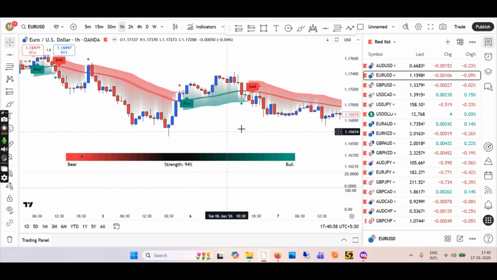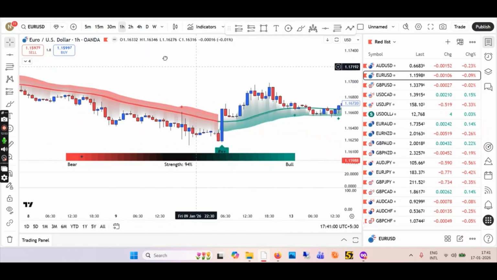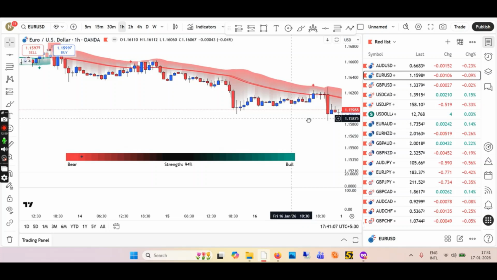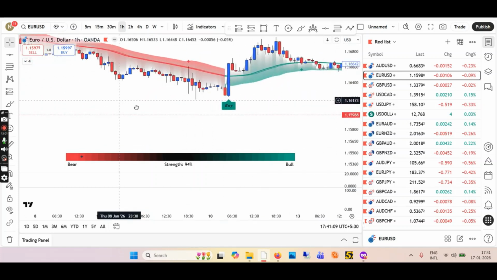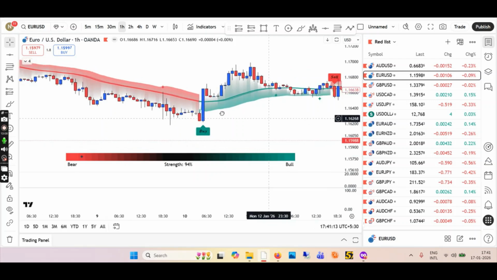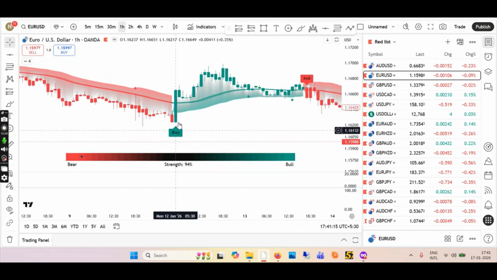So the correct strategy is what I told you in my last couple of examples: how to take a sell trade after this swing low breaks, and how to take a trade in this one when this swing low breaks. I hope you got this. And again, in this buy trade, this was your swing high, it never broke this, so we never took the trade.